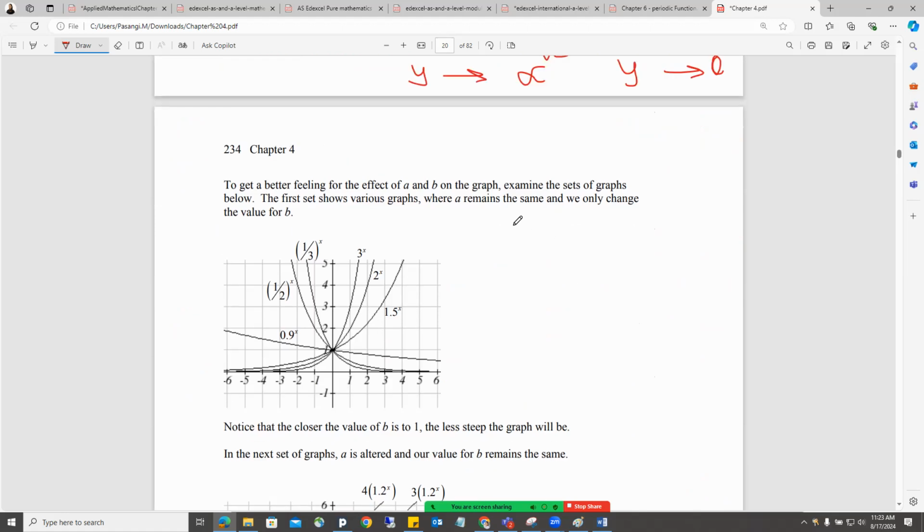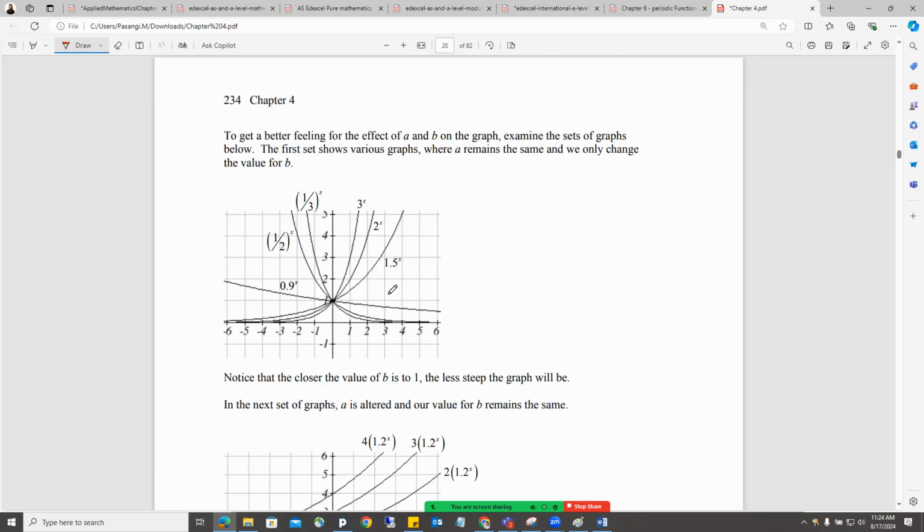Now, what they are saying is, to get a better feeling for the effect of a and b on the graph, examine the sets of graphs below. The first set shows various graphs where a remains the same and we only change the value for b. By looking at these graphs, here we have 1.5 to the power of x, 2 to the power of x, 3 to the power of x, 1 over 3 to the power of x, 1 over 2 to the power of x, 0.9 to the power of x.